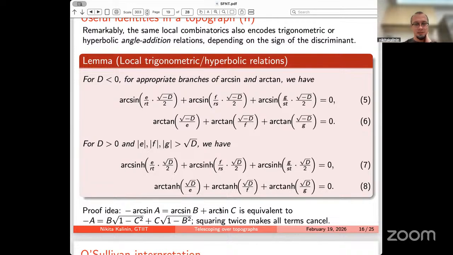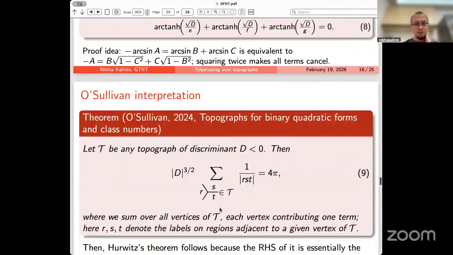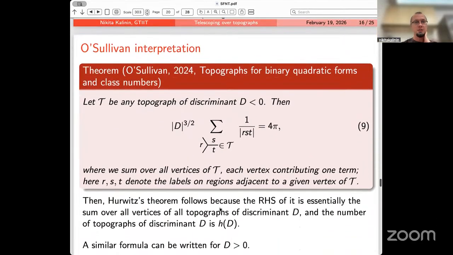Okay, good. Now, what was Sullivan's interpretation of these relations for quadratic forms? He considered any topograph of discriminant less than 0, and then you take all the vertices of this topograph, you take the product of labels, you take the sum of them, and you have 4 pi.